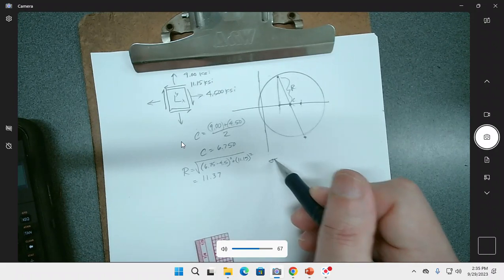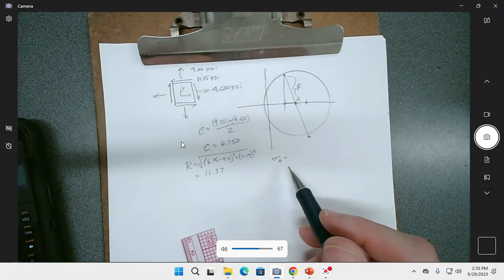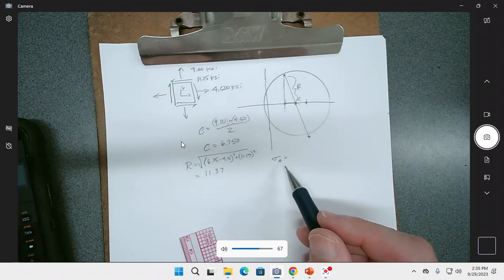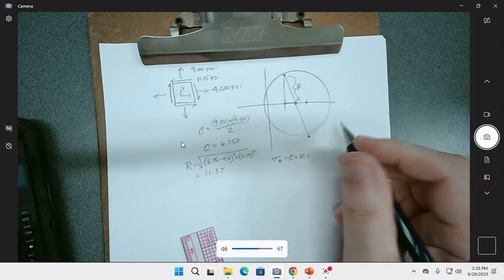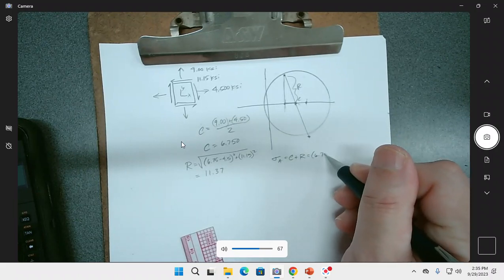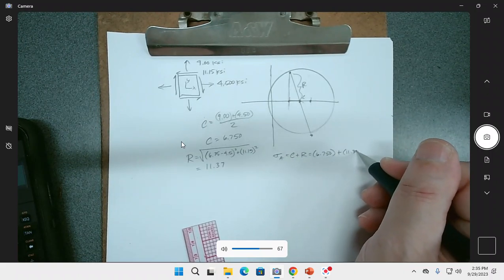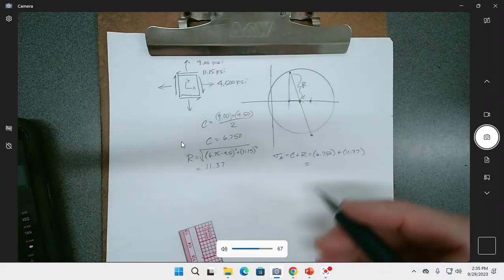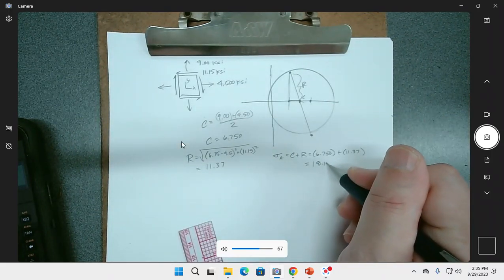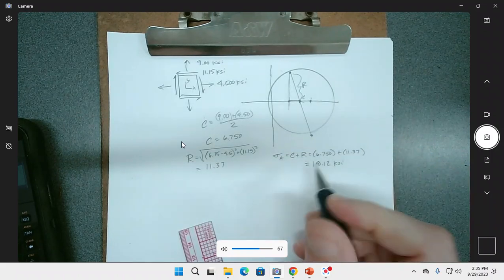And then so sigma A, I'm not committing. When I do the A and the B, it's like I'm non-committal whether which principal stress this is. But truth be told, it's probably going to be principal stress 1. 6.75 plus 11.37, 18.12 KSI.